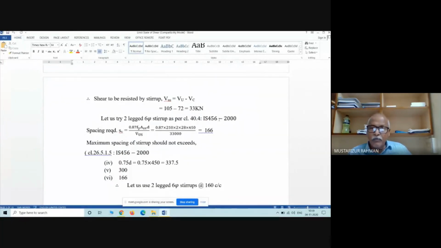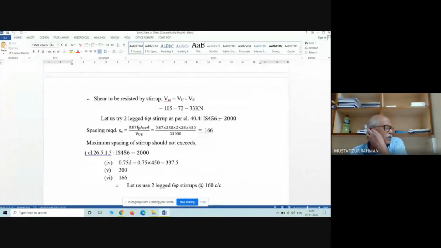Now here 0.87 Fy, you know, and Asv is the cross-sectional area of the stirrup. d is the effective depth of the beam, and VUR is the unbalanced shear force. When we go for the solution of the problem, we'll be able to see.